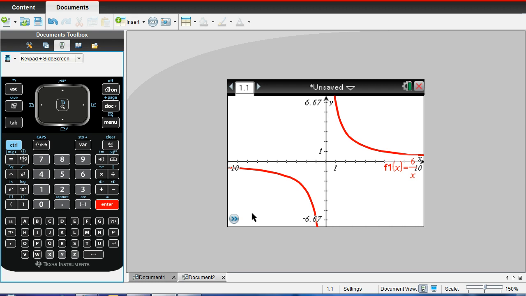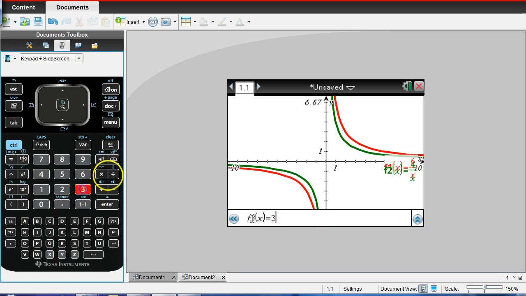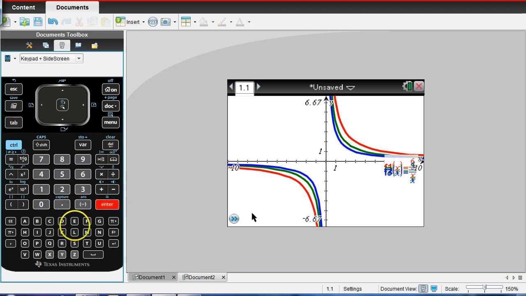Now, some things to notice about the hyperbola here, and in fact, any hyperbola we graph would have the same properties. For example, if I put another one up here, let's put a bunch up here. So you can see that all these hyperbolas have some similar properties.